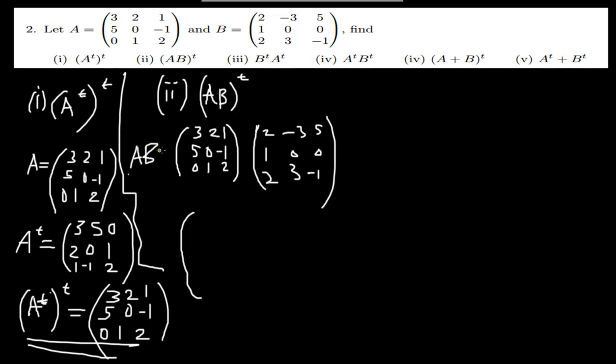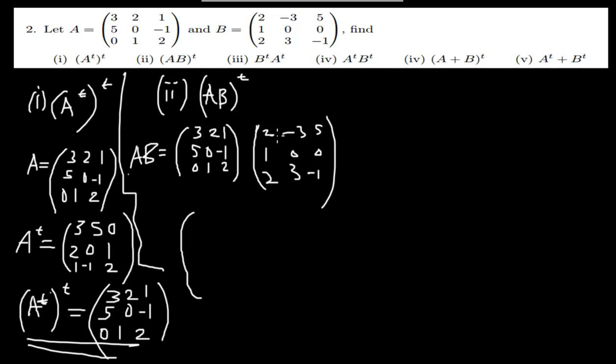That is my AB. The way we multiply row by column is that you multiply the first row by the first column, the second row by the second column, the third row by the third column. So we start here.